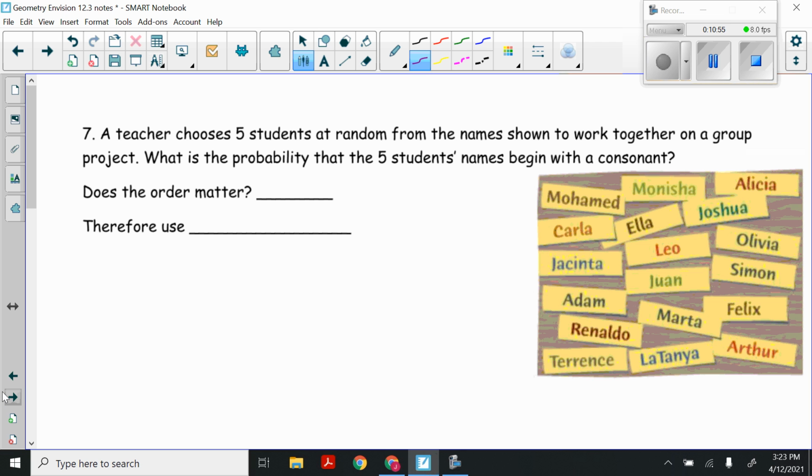All right, number 7: a teacher chooses 5 students at random from the names shown to work together on a group project. What is the probability that the 5 students' names begin with a consonant? First, does the order matter? No. Therefore, we will use combinations. I need to look at how many total students we have. If we add up all of these, we have 18 total students.